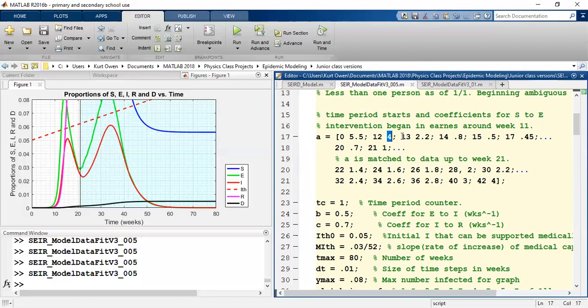And then once the time has reached 13, the time counter will go up 1, and so instead we'll take the third A value and so on. So we have a counter to tell us which phase we're in, and then we'll pick the appropriate A value that goes with that phase from the matrix.